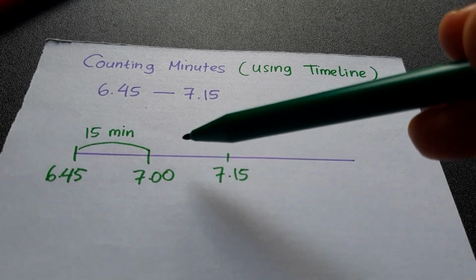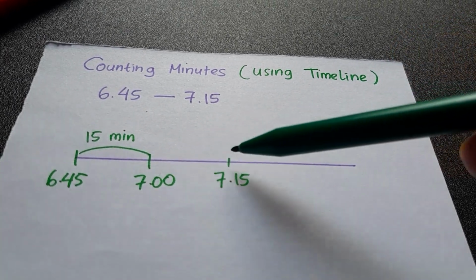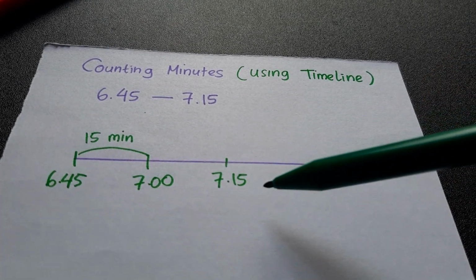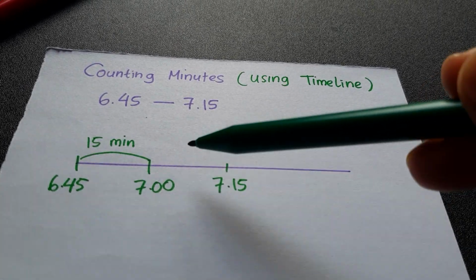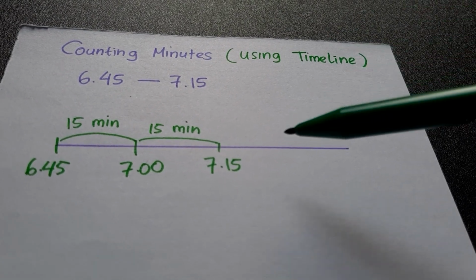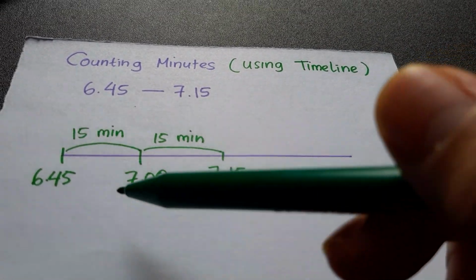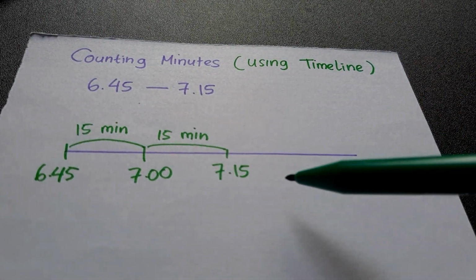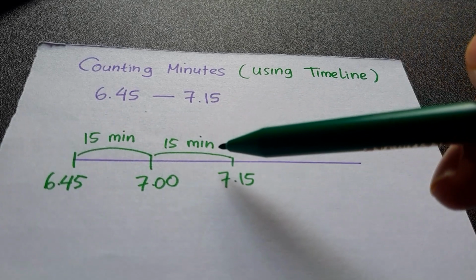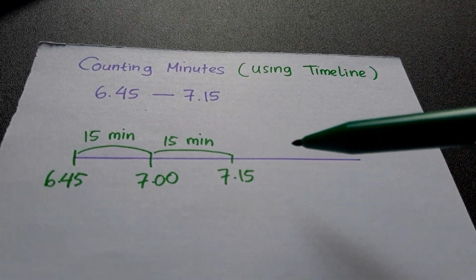And then after that, Miss Uni will draw a line over here and write down how many minutes it is from 7 to 7:15. Yes, it's 15 minutes again over here. Okay, I already wrote it down like this. So from 6:45 until 7:15, how many minutes is it? 15 minutes plus 15 minutes is how many minutes?